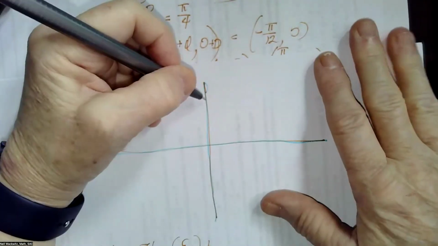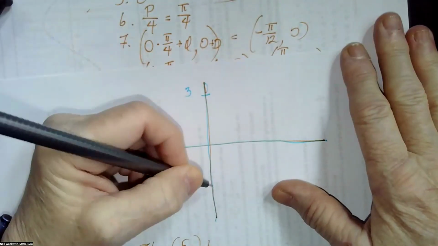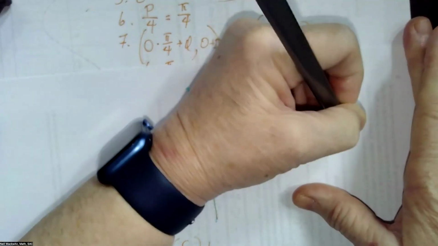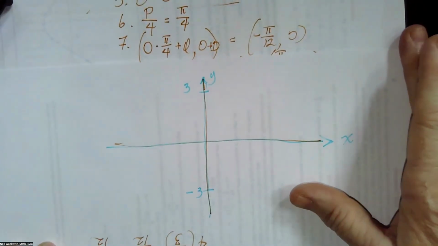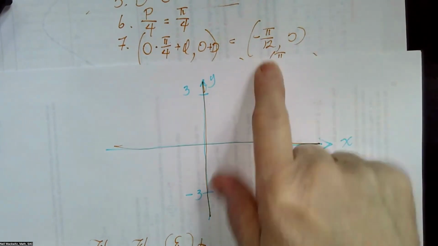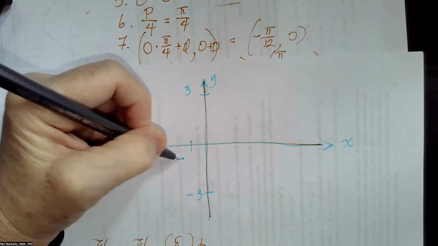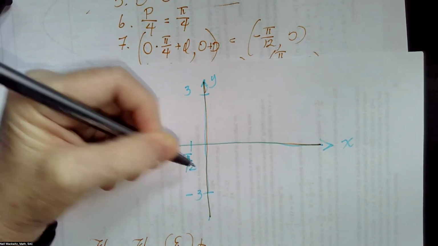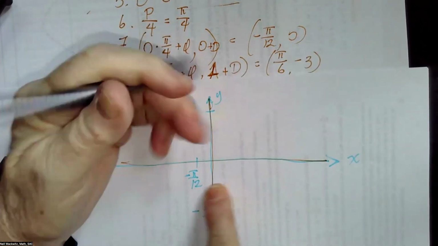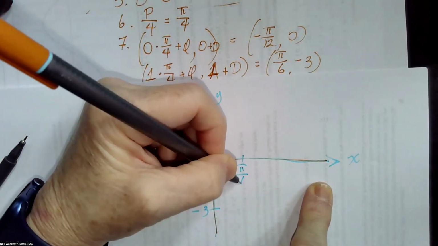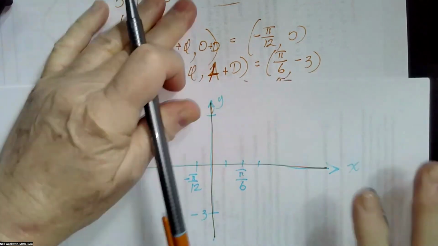The y-axis goes up to 3 and down to -3. And the x-axis starts at -π/12. And then π/6, there's a π/12, π/6, π/12.